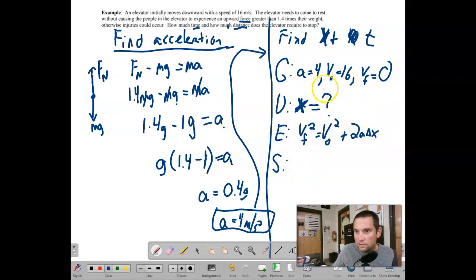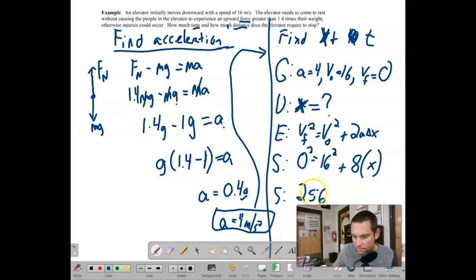Substituting in, we have the initial velocity of 16 squared, final velocity is 0 squared, plus 2 times a, which is 8 times delta x. Moving over, 16 squared is going to be 256. Subtracting out, negative 256 equals 8x.